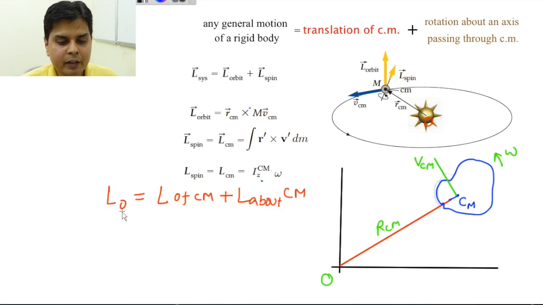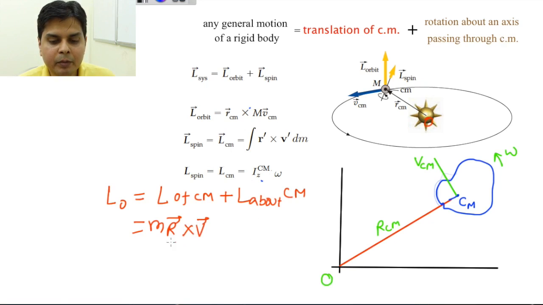I have to find L about O. Now suppose this O is a very peculiar kind of origin and I don't know how to go about this. Then I can take an intermediate step, and that intermediate step is the center of mass. First I will find the L of this center of mass. That I can find out. How? I can write it as M R cross V, whatever be this RCM cross VCM.